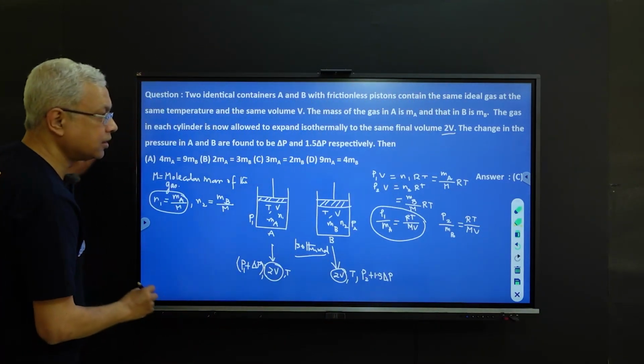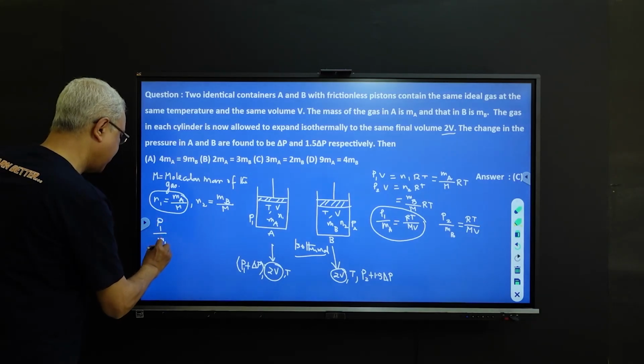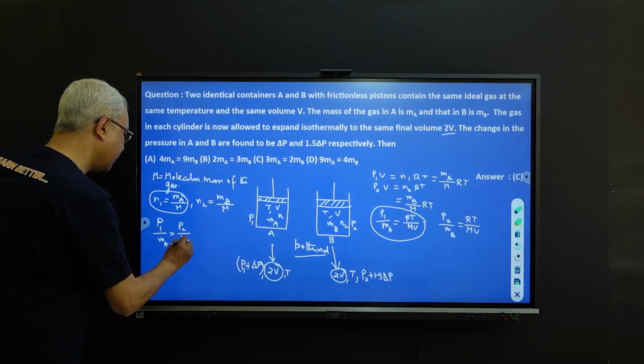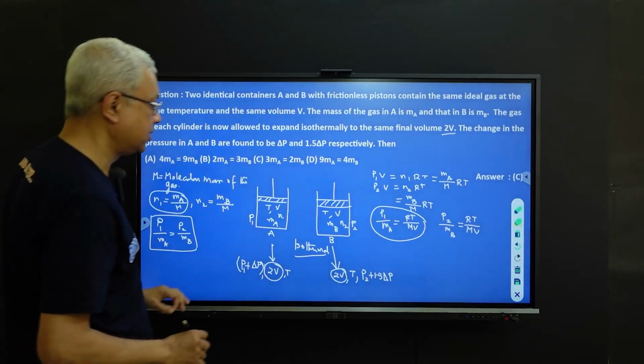So I can write P1 by Ma is equal to P2 by Mb. This is one relation.